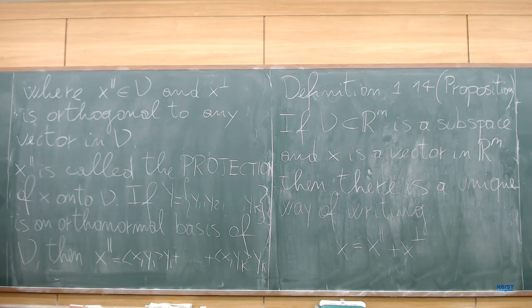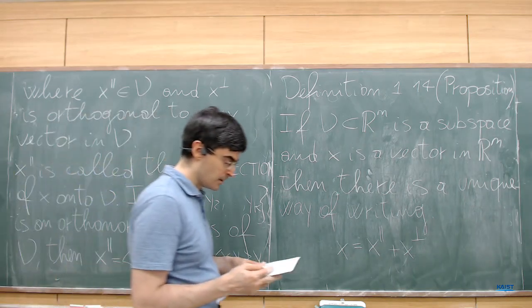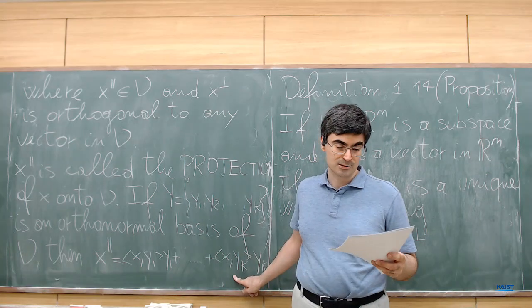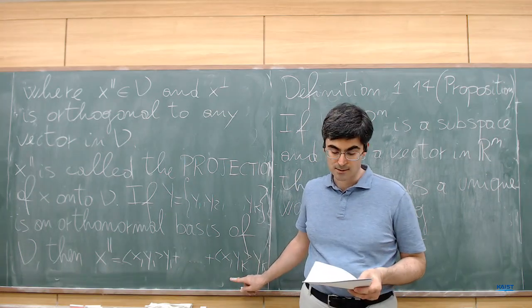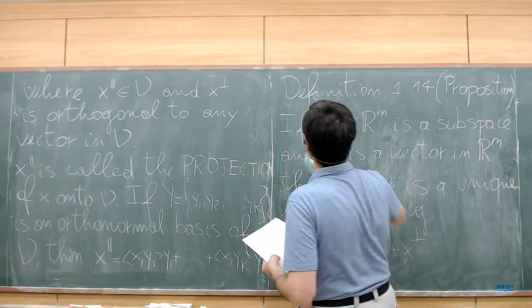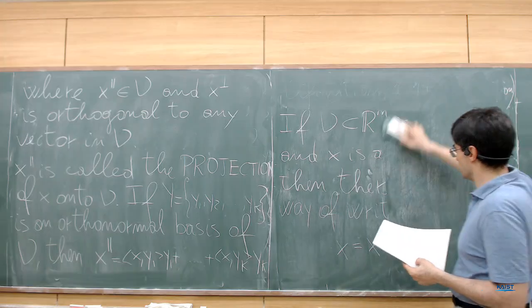And exactly as before, we have that the coefficients which appear in this linear combination are exactly the components of x in the direction of the elements of Y. So I will write it here, even though you understood.